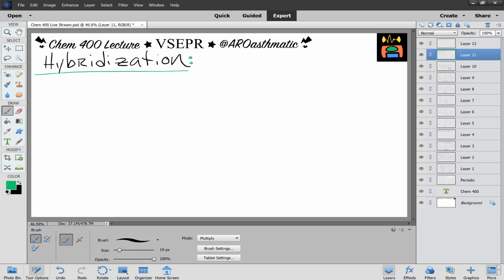We spend all that time looking at electron configurations, looking at quantum numbers, thinking about atomic orbitals, all that stuff. And then we started drawing Lewis structures, which involve no orbitals, just counting electrons. And then based on those Lewis structures, we started using VSEPR to predict the three-dimensional shape these molecules would take.